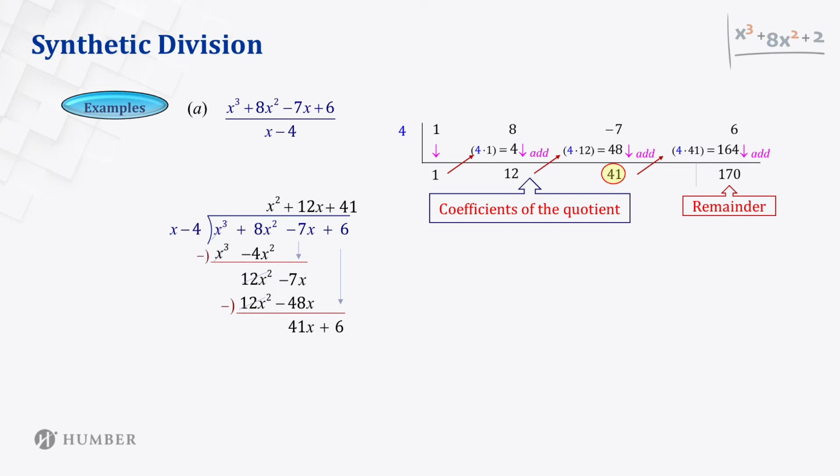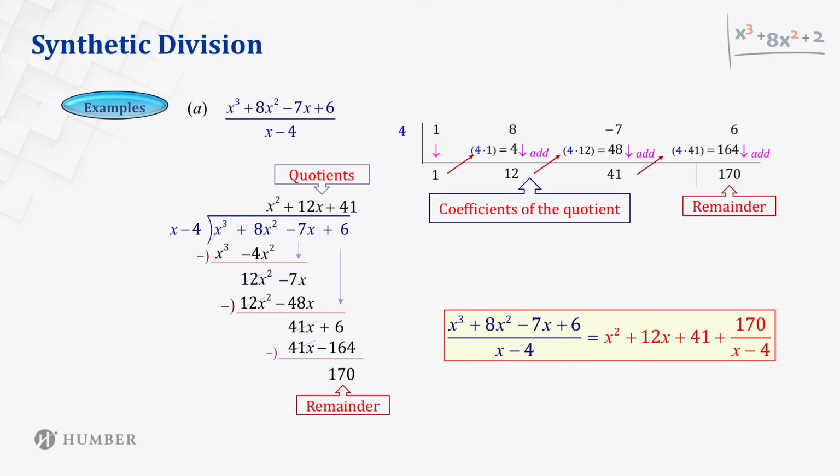Multiply 41 times x minus 4 to get 41x minus 164. And we are going to subtract this from that. 41x is cancelled out, and 6 minus negative 164 to get 170, which is the remainder, and we can see exactly the same value there.